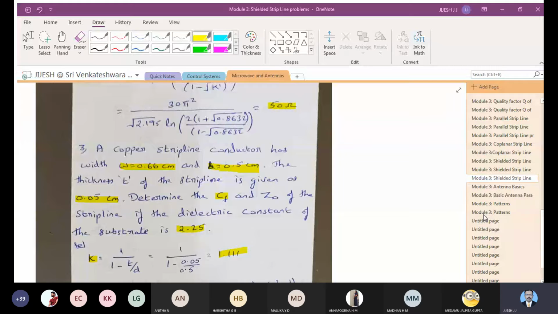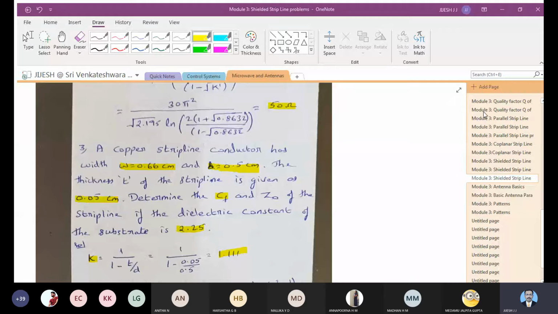Okay. Anita, Anjali, Chidamba. So see, be active in the classroom. I will be asking you to raise your hands in between, so I should feel that you people are available.